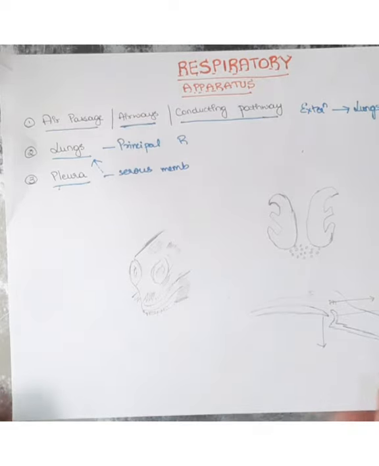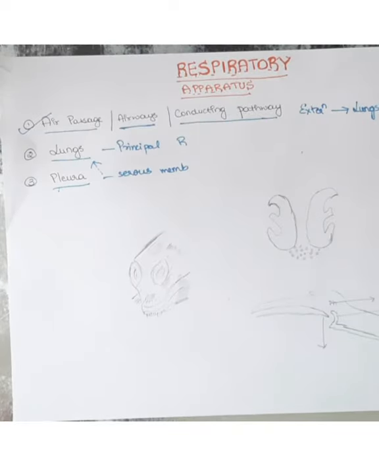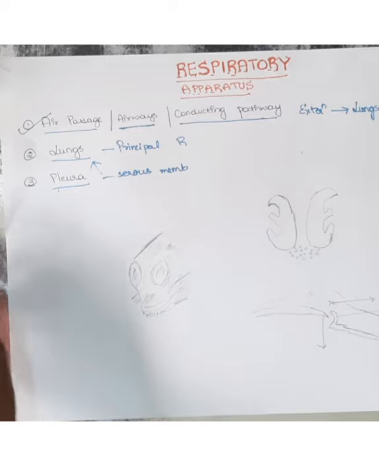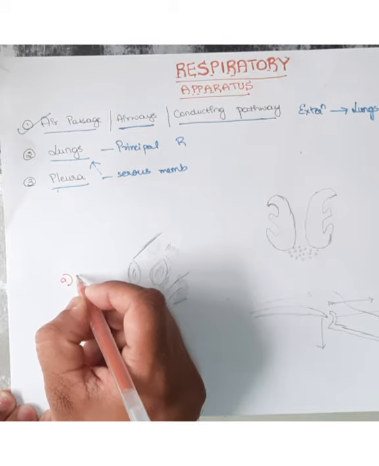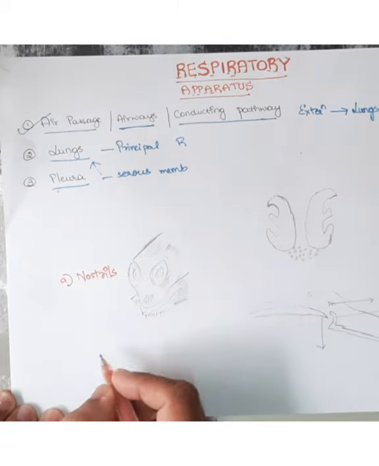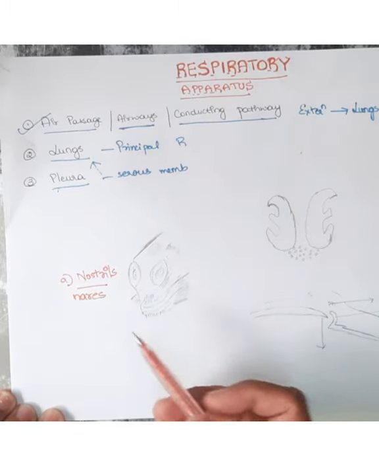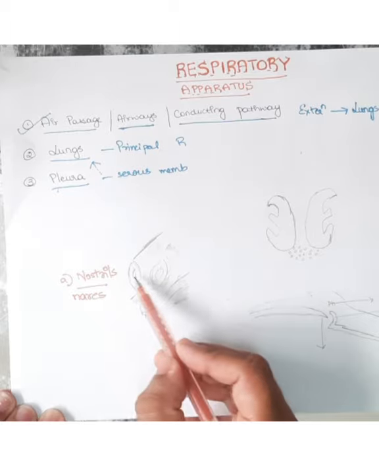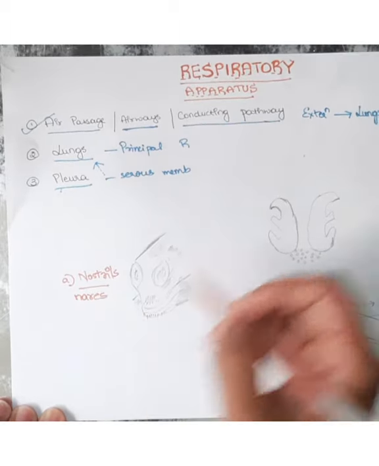So coming to the air passages, first are the airways. Number one, the first part that could be seen is the nostrils. Nostrils, or also called nares, are the paired external openings to the air passages.